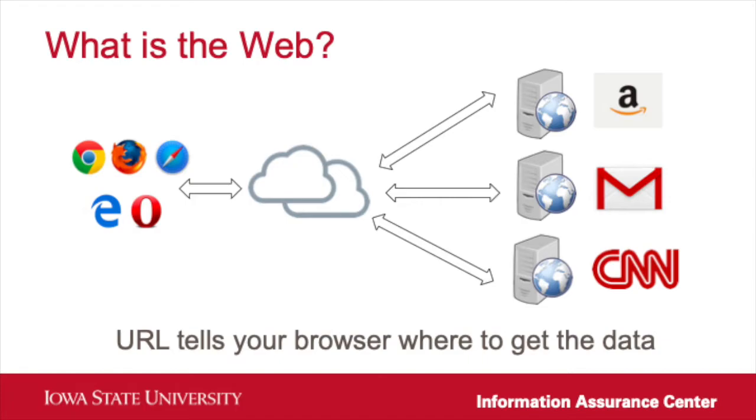It's designed to pull data from the web servers and display it in a form that is pleasant, with pictures, and what we're used to seeing today on the web. So this is actually a file transfer system. The browser goes out and retrieves files from web servers and displays them on your computer screen.